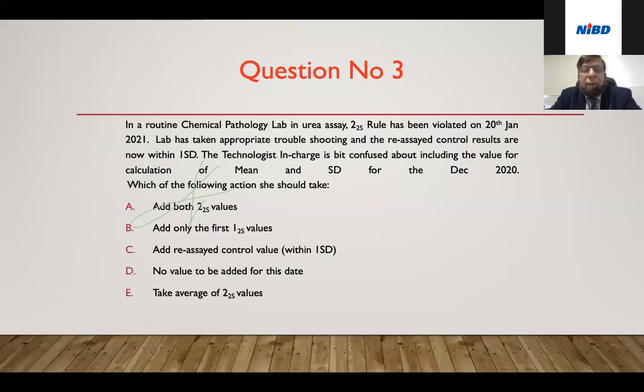Question 3. In a routine chemical pathology lab in urea assay, 2:2s rule has been violated on 20th January 2021. 2:2s is a rule of rejection. You remember 2:2s?